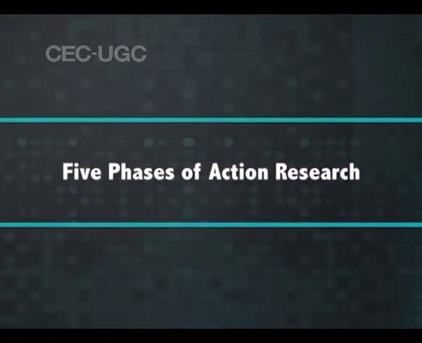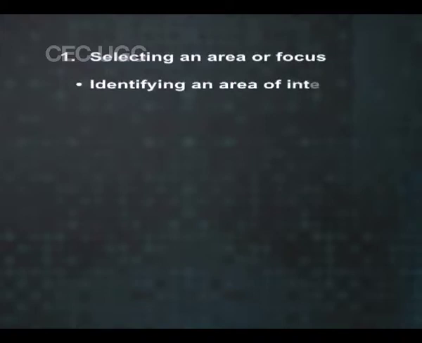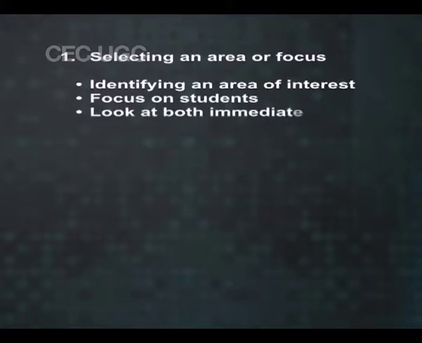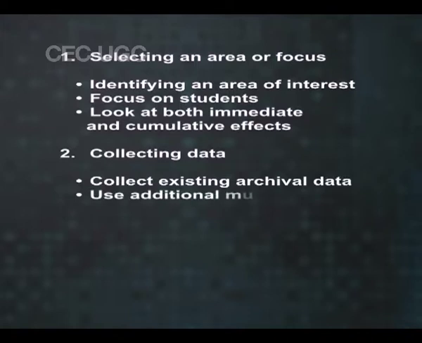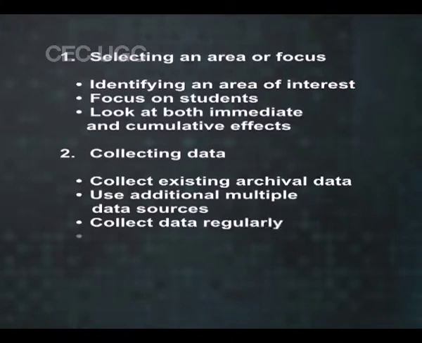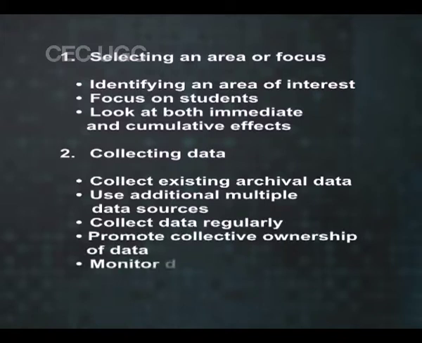Five phases of action research. First, selecting an area or focus: identifying an area of interest, focus on students, look at both immediate and cumulative effects. Second, collecting data: collect existing archival data, use additional multiple data sources, collect data regularly, promote collective ownership of data, monitor data collection.